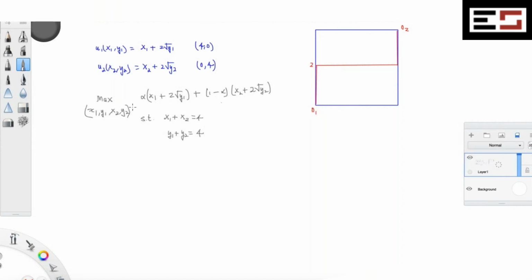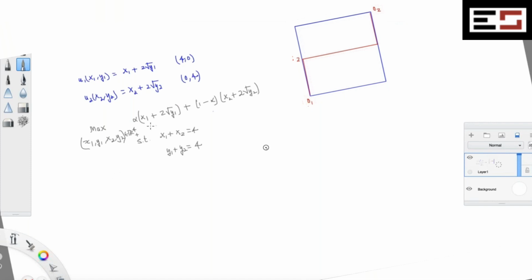And of course, there are also non-negativity constraints. This is the problem that we would like to solve, and we would like to see how the solution varies as alpha changes. We'll find solutions for every possible value of alpha between 0 and 1.